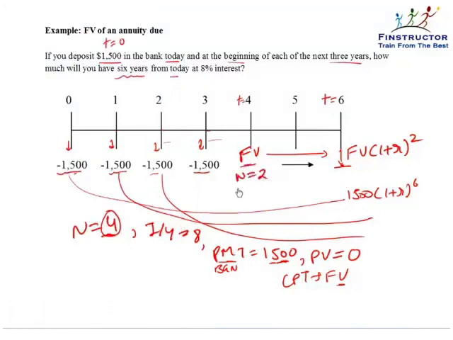N will be entered as 2. I/Y remains the same as 8. The new PV will be this FV that we just calculated. So recall 1 and enter PV. No payments coming in these 2 periods. And then compute FV. This FV now will be the final answer.